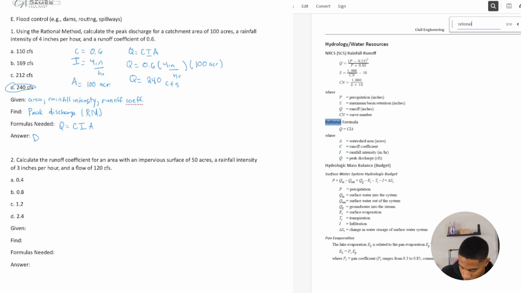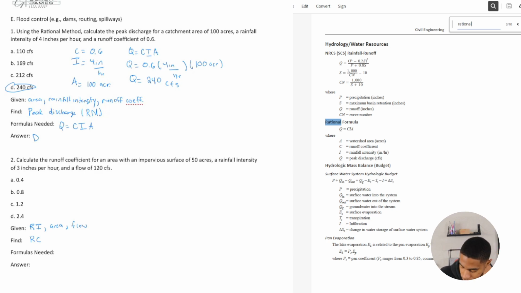We're given rainfall intensity, right? We're also given an area. And then we're also given flow. Okay, and we're trying to find the runoff coefficient.